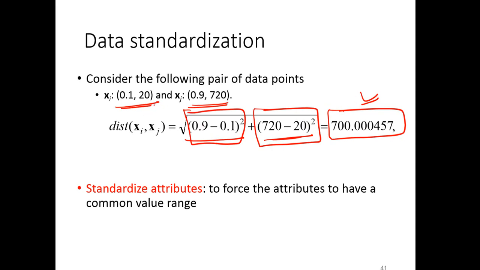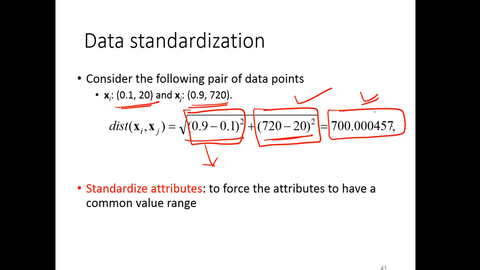That means it seems to be biased. The second term is contributing the most to the result, and the first term is hardly contributing anything. So it depends on the scale. The reason is that many attributes, whether it's length, breadth, height of somebody, or income of somebody, are all on different scales.